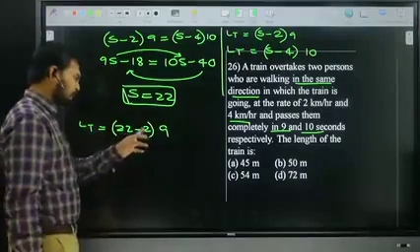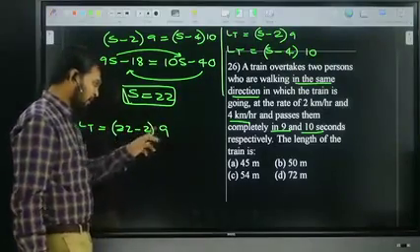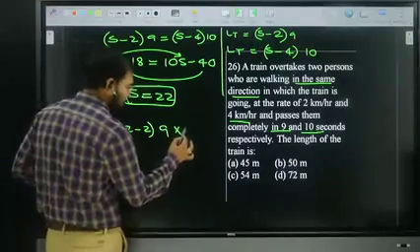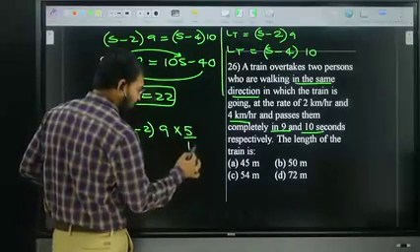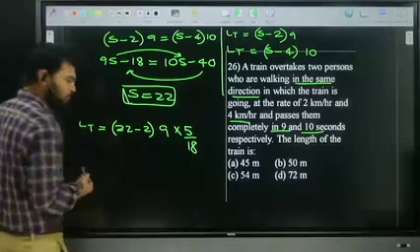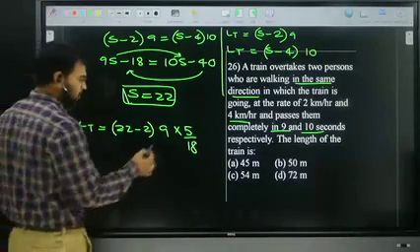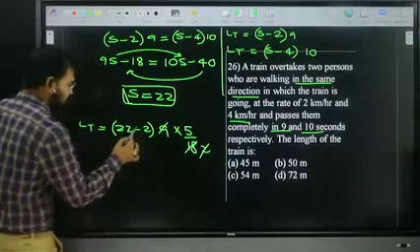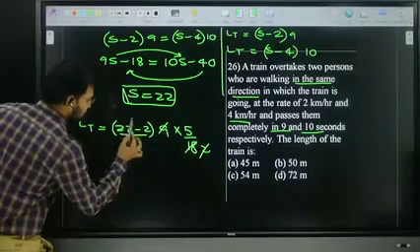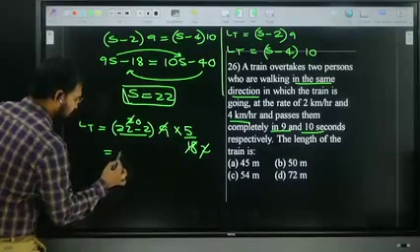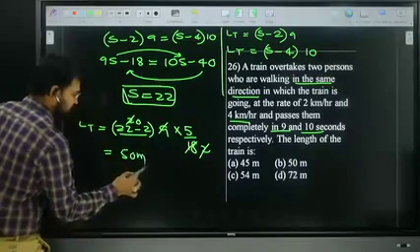But 22 minus 2 is in kilometer per hour, while 9 is in seconds. That is the reason I am converting them into meter per second, 5 by 18. 22 minus 2 is 20. 2 gets cancelled. 5 into 10 is 50. Therefore, the length of the train is equal to 50 meters.